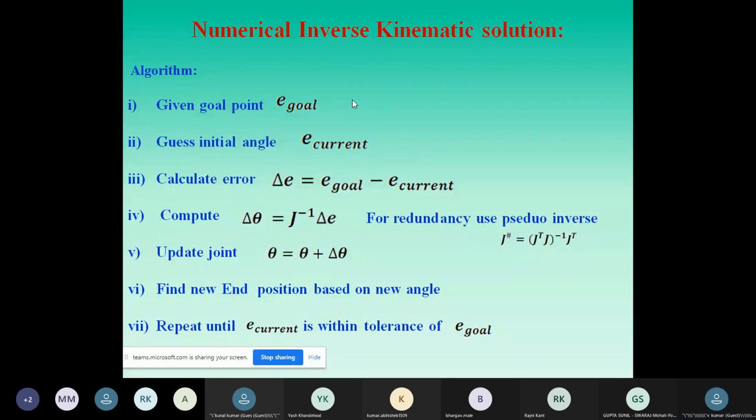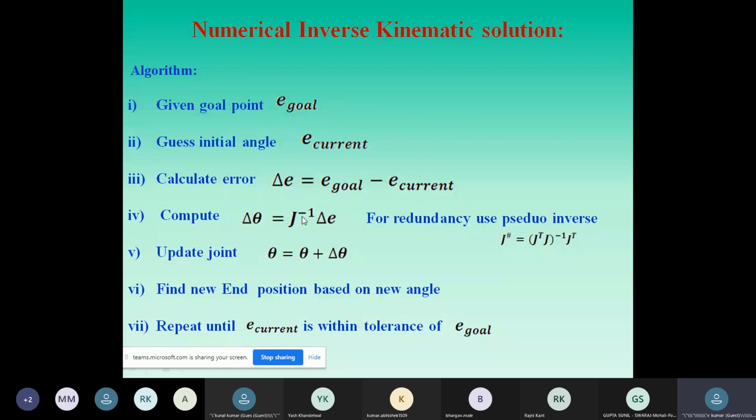Then step B, guess an initial angle and E current. Then next step, we calculate the error: goal position minus current position. Then we compute del theta using the Jacobian matrix, del theta is equal to J inverse del E, where J is the Jacobian of the current position.